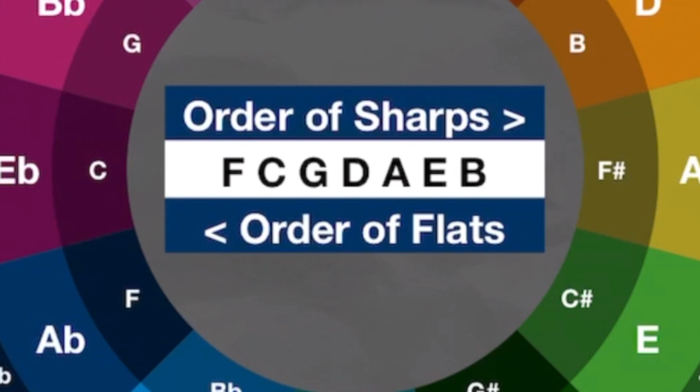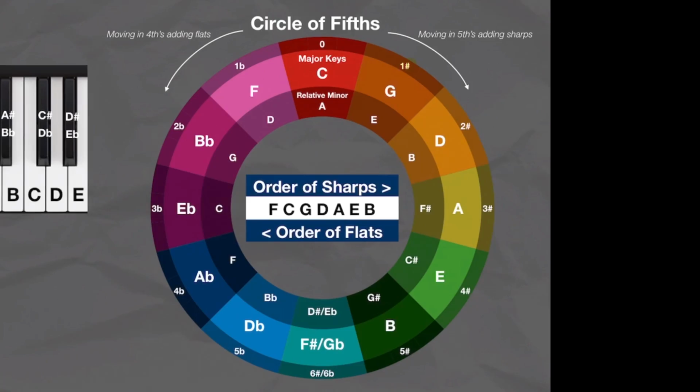If you guys are catching on, the notes in the center are just my circle of fifths starting from F, okay? If I go to my circle of fifths up here and I start from F, you get F, C, G, D, A, E, and B, okay?